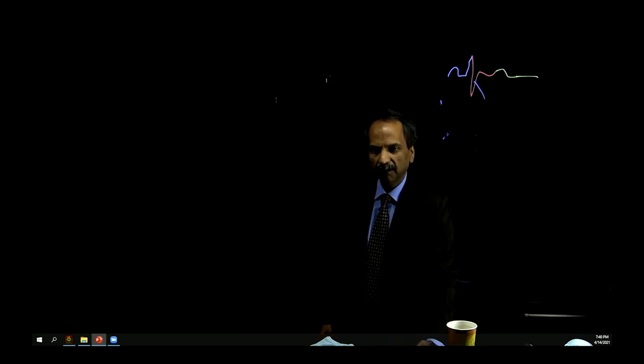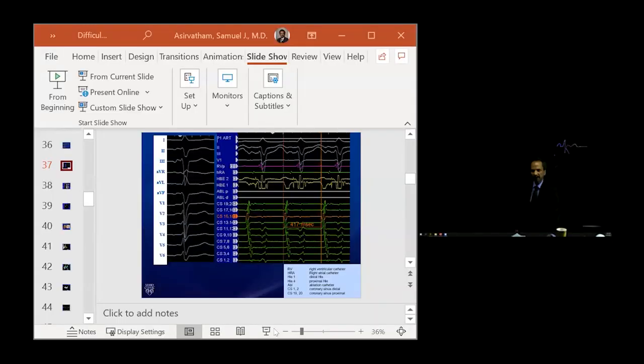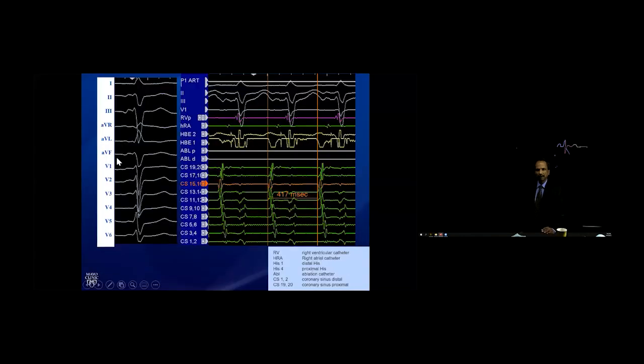So if we look at the first point that Dr. DeSimone brought up, and that is, where do you anticipate that you need to go and find that early site? I personally cannot overemphasize this. I tell this to myself every time.